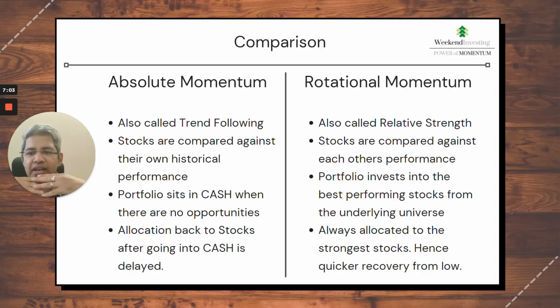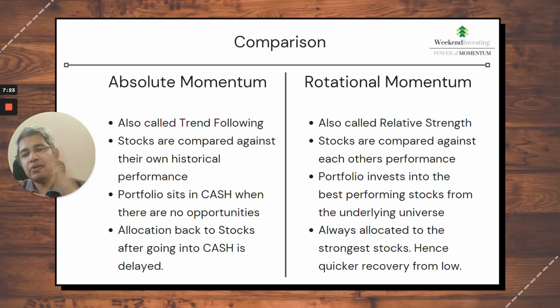So there is always a lag in absolute momentum when you go to cash and wait for the market to bottom and start to go up again. You are calculating on a window of the last 3 months, 6 months, or maybe 12 months as your look-back window to calculate momentum.